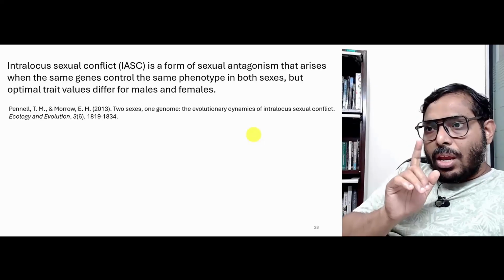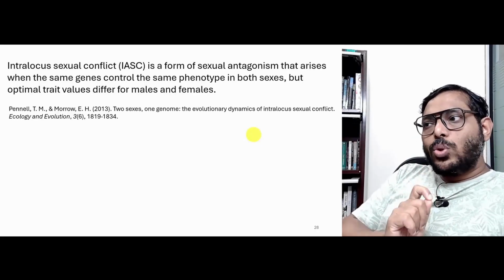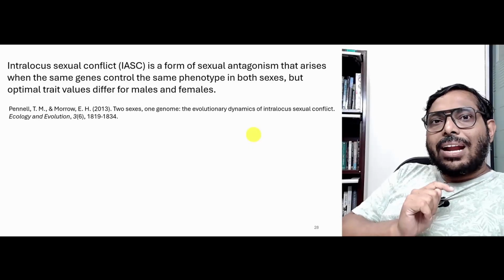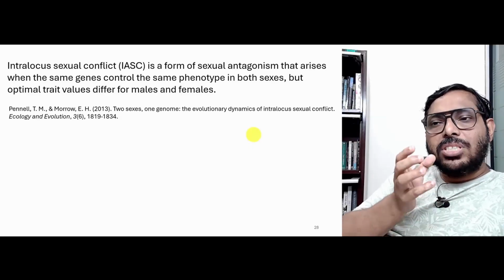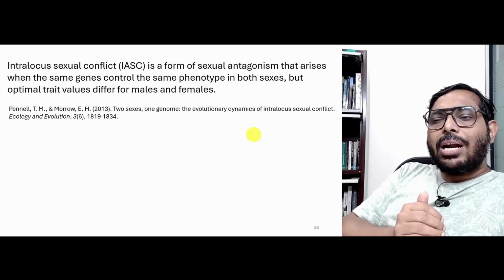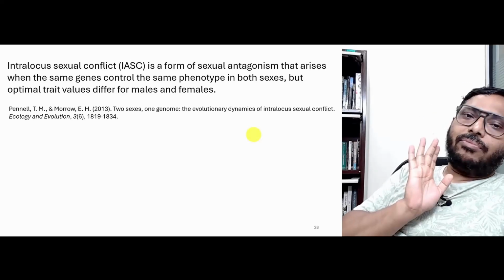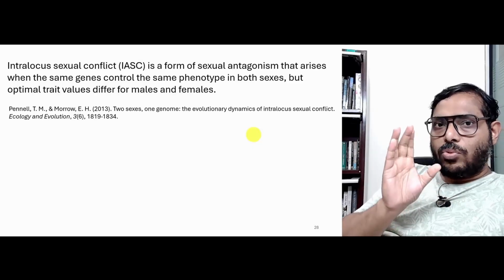So, intralocus sexual conflict is a form of sexual antagonism that arises when the same genes control the same phenotype in both sexes, but the optimal trait values for males and females are very different. Right. So, this is what you have to understand.